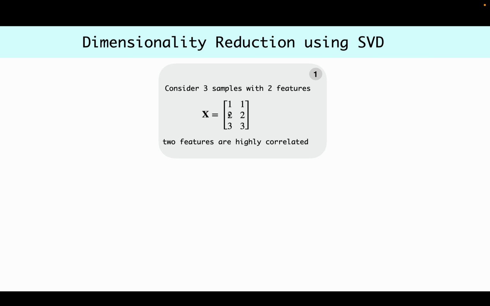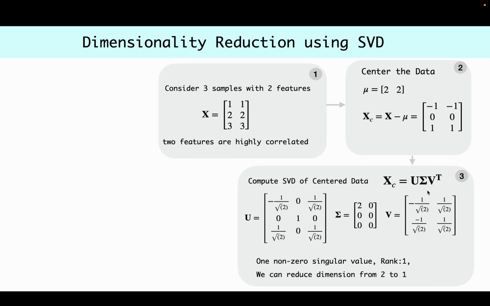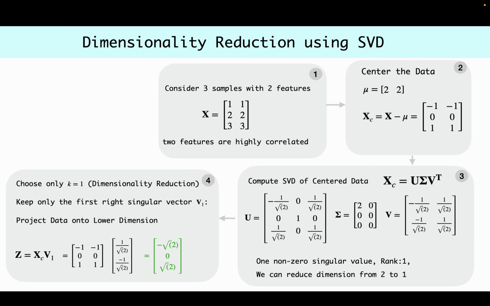Consider the matrix X with 3 samples and 2 features, and as you can see they are very highly correlated. When you do mean centering, this is what we get, and when you apply singular value decomposition you get U sigma V transpose. As you can see there is only one non-zero singular value, the other singular value is 0, so we can eliminate this redundant data and only consider the singular vector of the maximum singular value, which is from V. When you do that, we have something as follows.